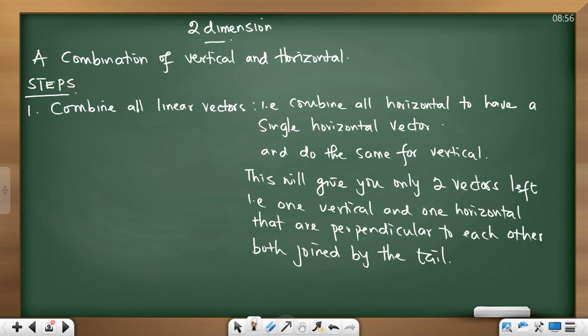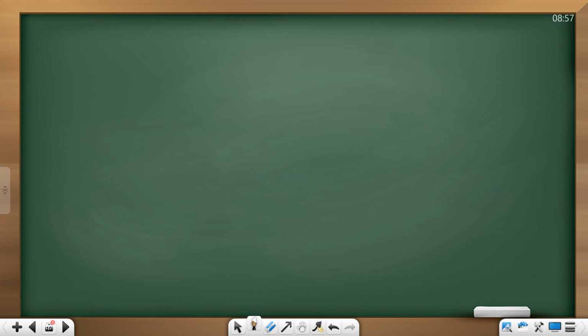So at the end of the day, you are left with something that looks like this: 1 vertical, 1 horizontal that are connected at 90 degrees, perpendicular to each other. Now step 2. Okay, let's draw that diagram again.